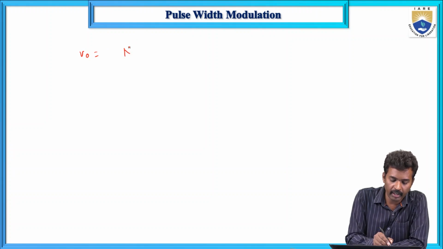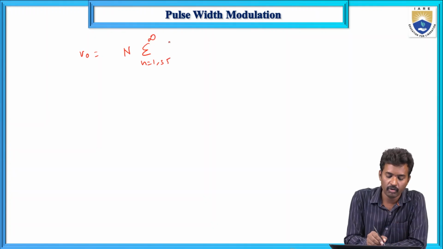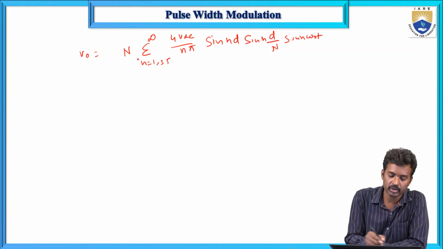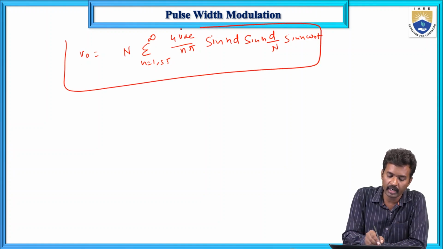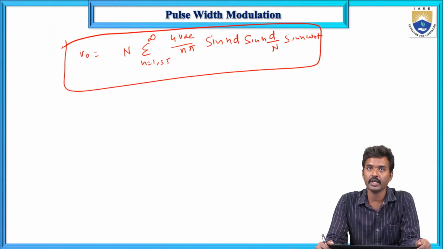So now here, v0 = Σ (n = 1, 3, 5 … ∞) 4VDC/(nπ) sin(nγ) sin(nd/2) sin(nω₀t). This is your final expression for output voltage in the Fourier series expression.